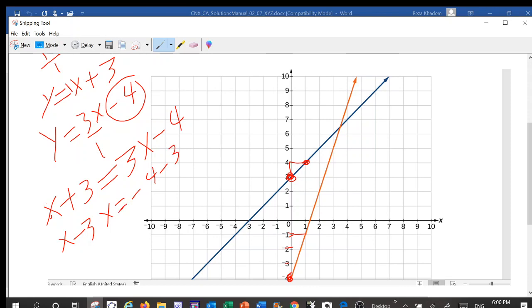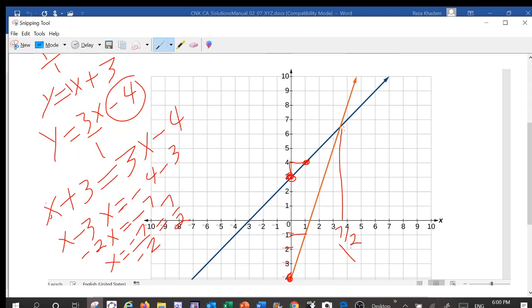So x minus 3x is negative 2x, minus 4 minus 3 is negative 7. So x equals negative 7 over negative 2, which is 7 over 2. So this number right here, where they intersect, is 7 over 2, right? They intersect at that point.